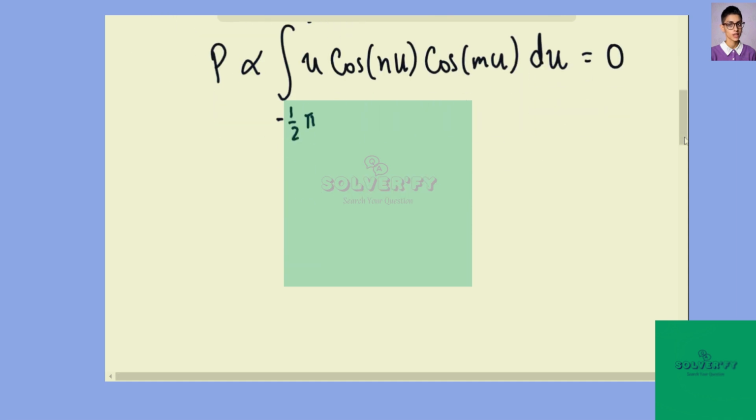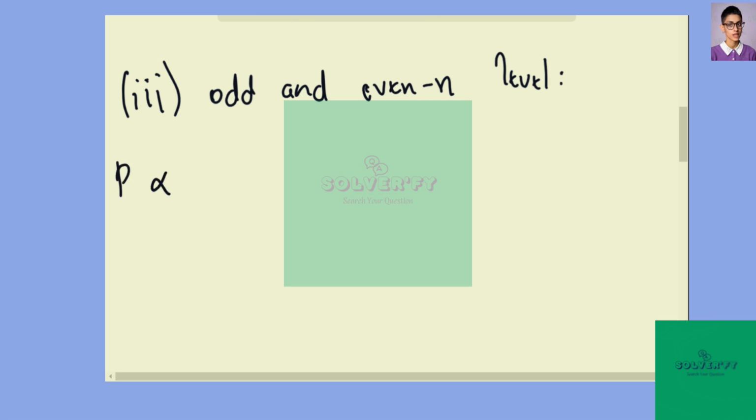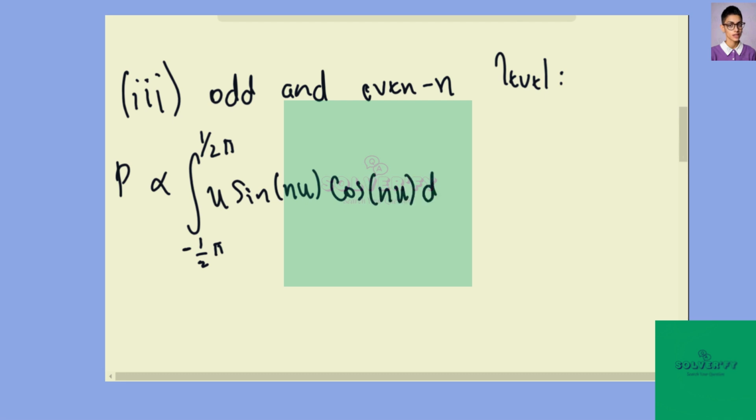Now, with that said, we came to the last case. In this last case, we're going to have the cross terms. So these are going to be transitions between odd and even levels. So the probability is proportional to the integral from -1 divided by 2 times pi to 1 divided by 2 times pi of u times sine of n times u times the cosine of m times u integrated over u.